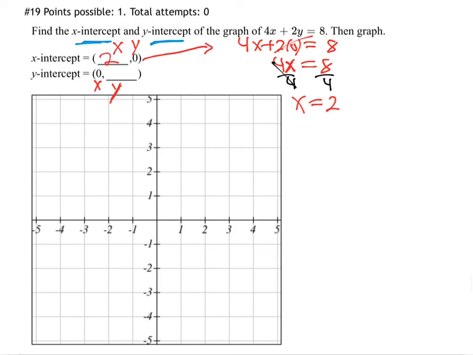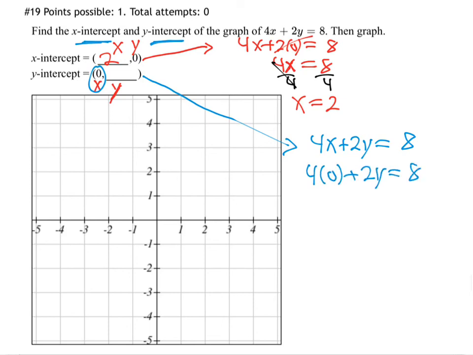Now we redo the same thing again. Come down here. This time we're going to start with the equation 4x plus 2y equals 8 yet again. But this second time for the y-intercept, they're telling us to put in x as 0, aren't they? So I'm going to plug in 0 for x. So that's gone. 4 times 0 is 0.